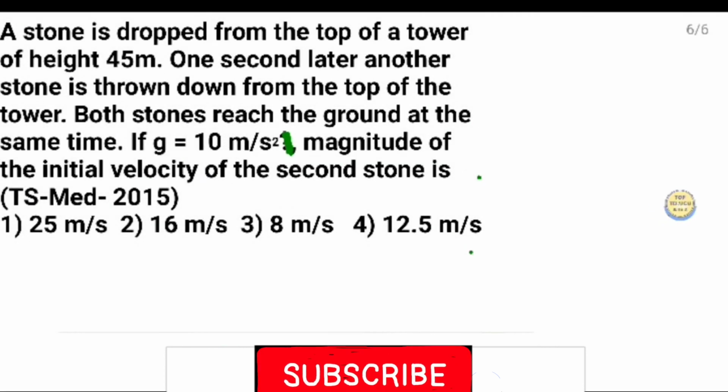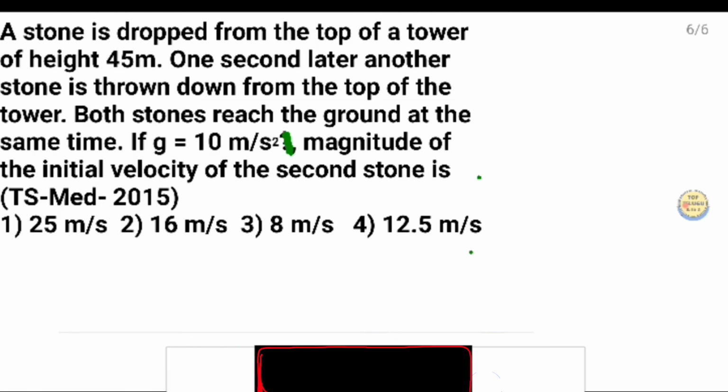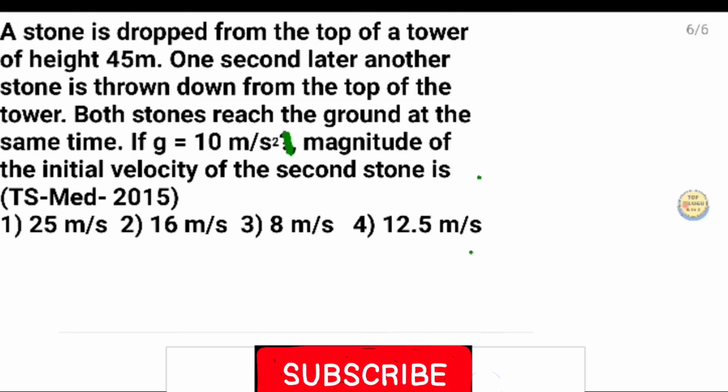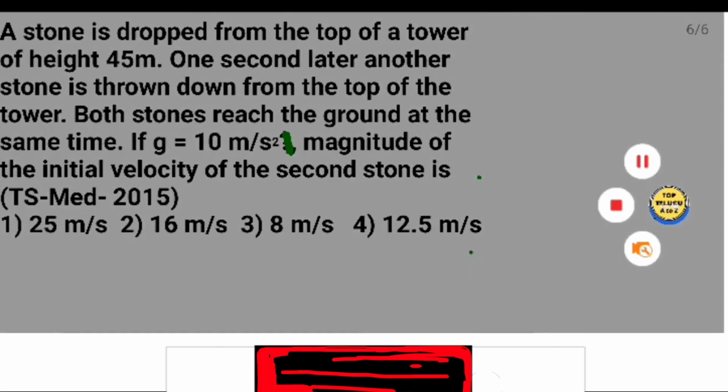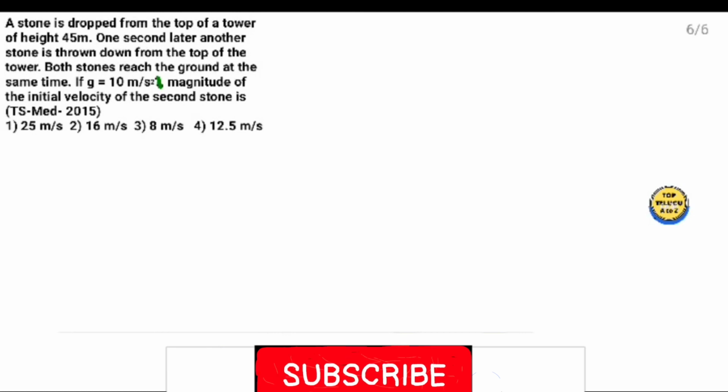A stone is dropped from the top of a tower of height 45 meter. 1 second later, another stone is thrown down from the top of the tower. Both stones reach the ground at the same time. If g is equal to 10 meter per second square, the magnitude of the initial velocity of the second stone is. So a stone is dropped from the top of the tower.